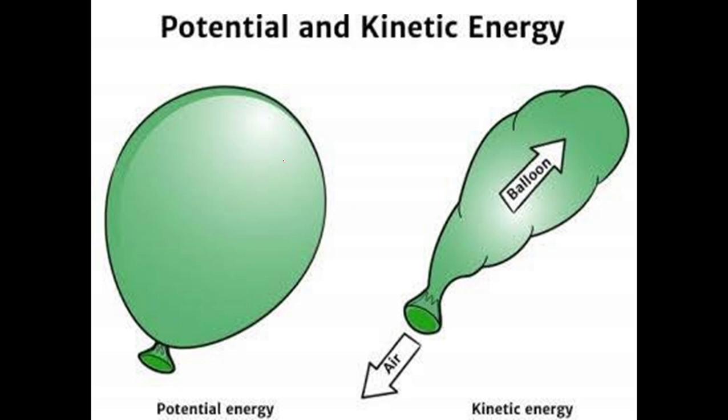Due to the elasticity of its outer surface, it stores potential energy. When it is released, the air flows out and the balloon flies. So some potential energy is converted to kinetic energy.